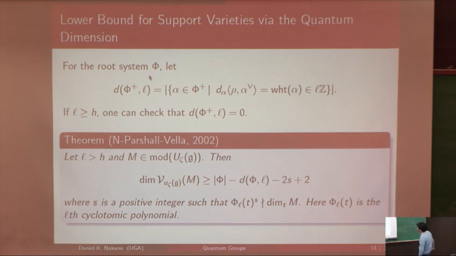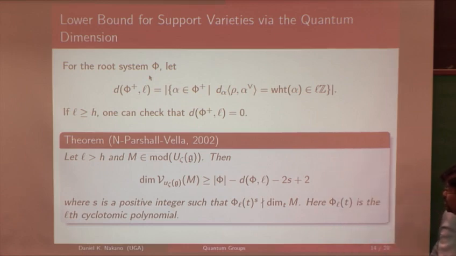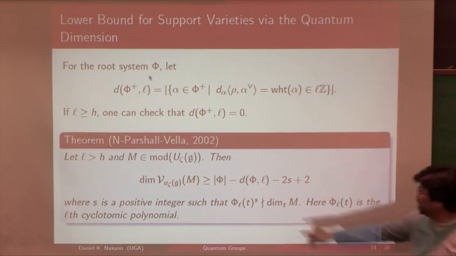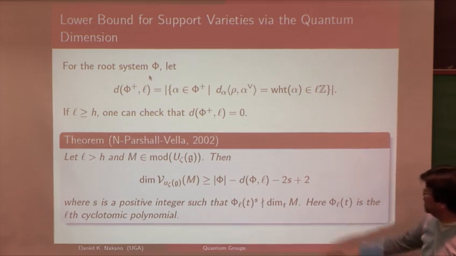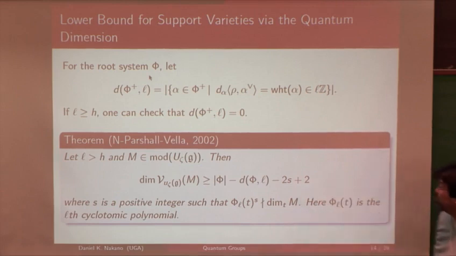This is a theorem that we proved in 2002. I think Ostrik also proved a version of this in his paper. What it says is that if I have a module like this, then I can get a lower bound for the dimension of the support variety by just taking the number of positive roots minus this quantity up here, minus 2 times s plus 2.